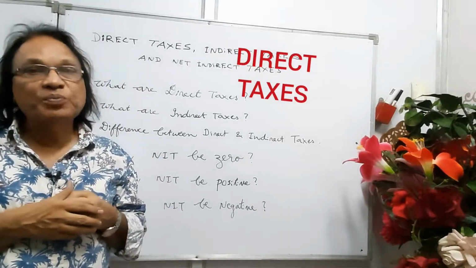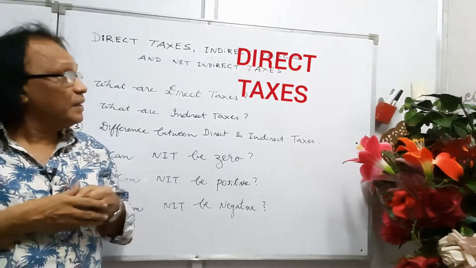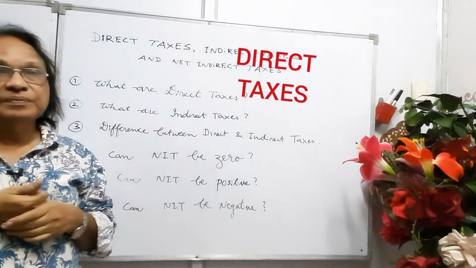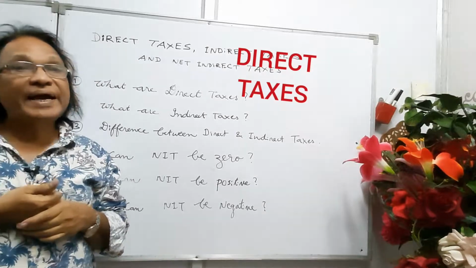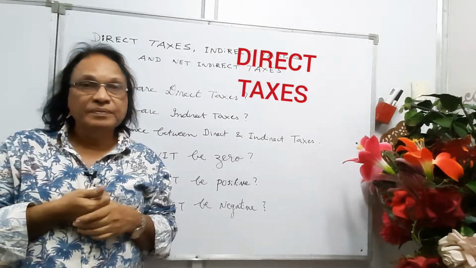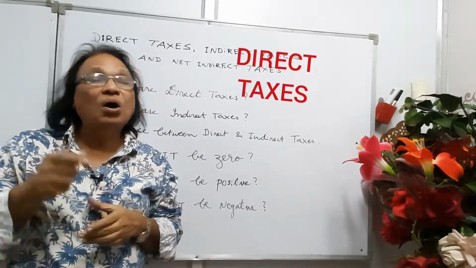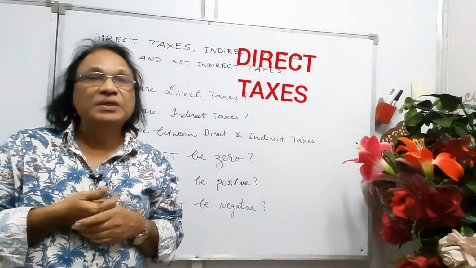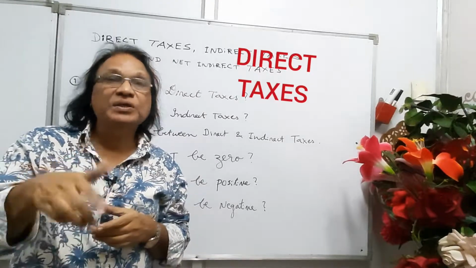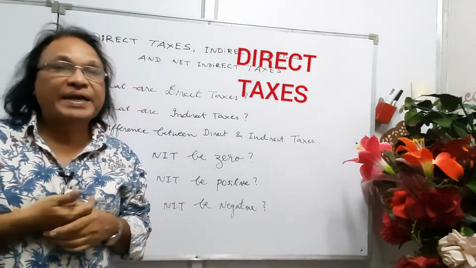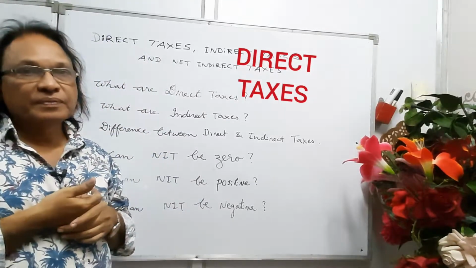What exactly do you mean by direct taxes? In case of direct taxes, the tax liability and the burden of the tax is on the same person. The tax liability and the incidence. Incidence means the burden of the tax will be on the same person.